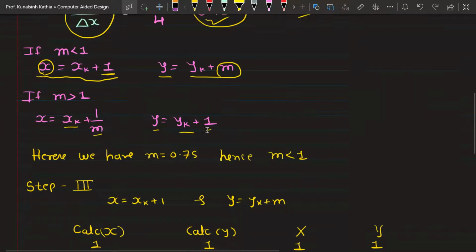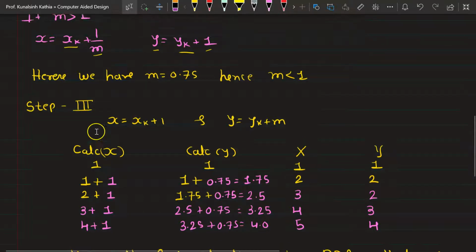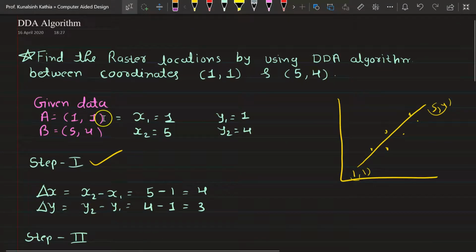In step 3, we will prepare a table for the calculation of x and y coordinates. First, you put the initial points, which are 1 and 1.